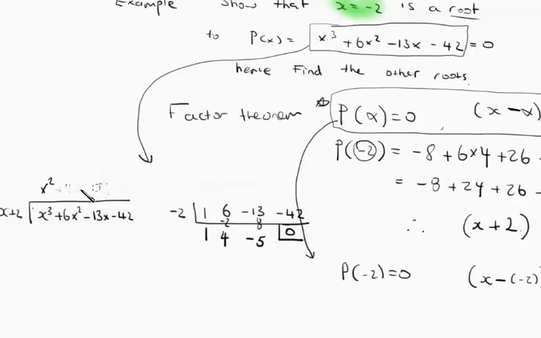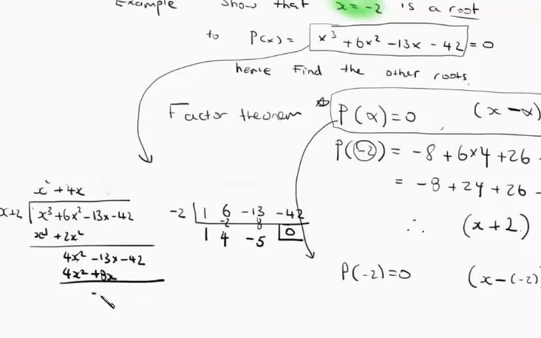So let's try the long division and see if we get the same thing. So x squared, then you get x cubed, 2 times this is 2x squared, subtract, then you get 4x squared minus 13x minus 42. Then it's plus 4x, then you get 4x squared, this times this is plus 8x, subtract, minus 21.